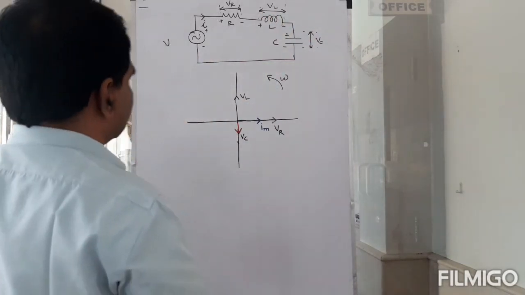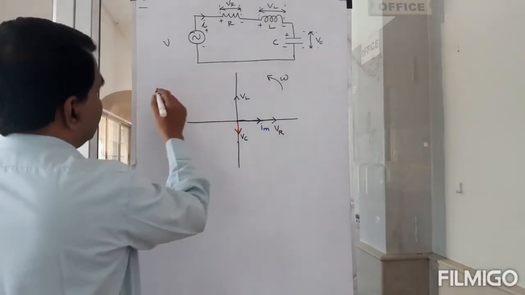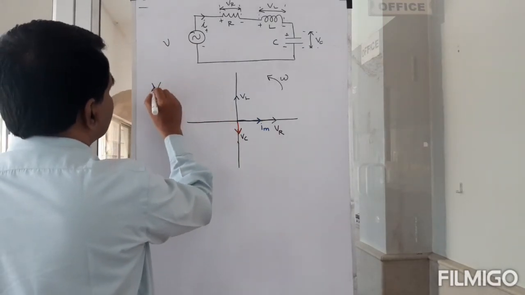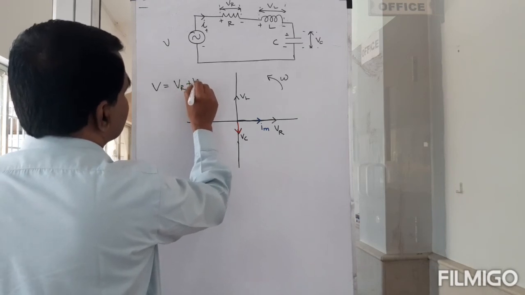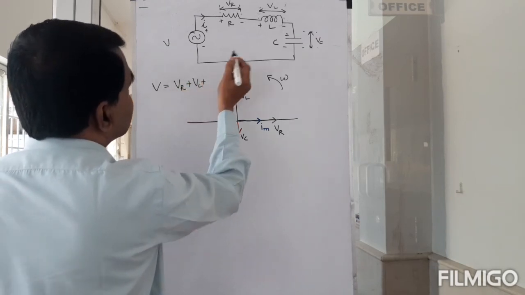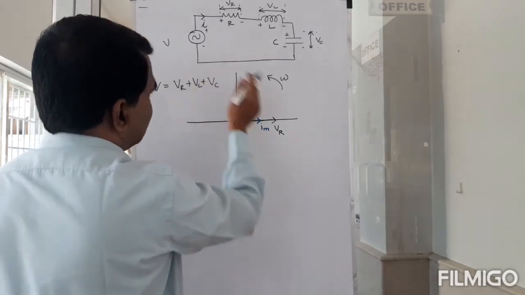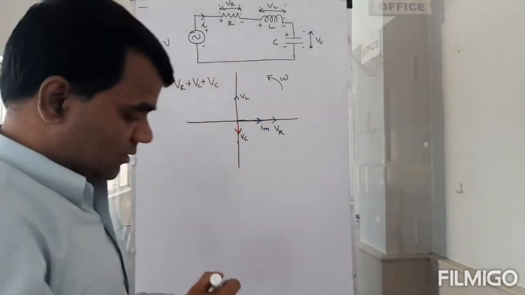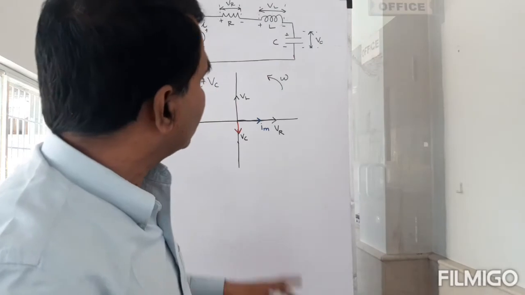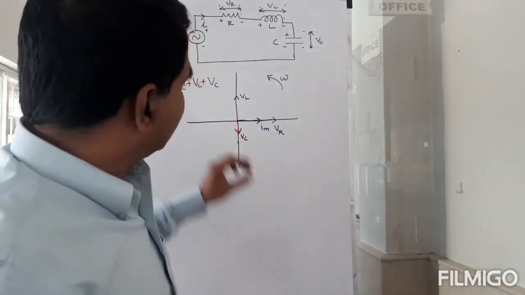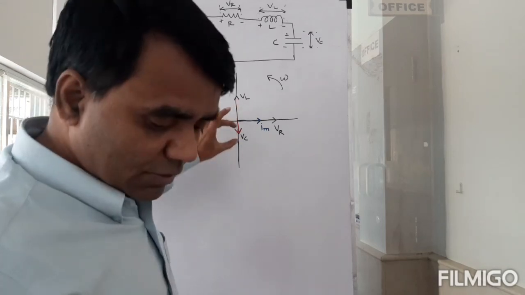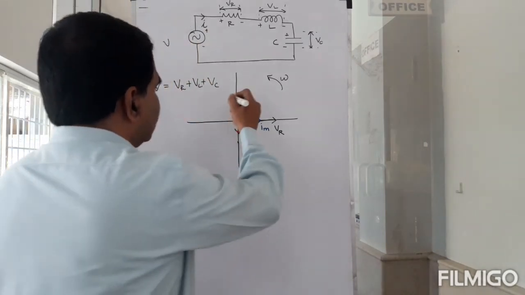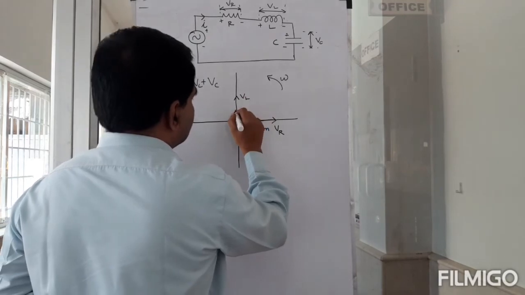Right? So if we take these as vectors, V is equal to VR plus VL plus VC as a vector addition. Here I consider VL to be greater and VC to be smaller, so the net of these two vectors will be here.